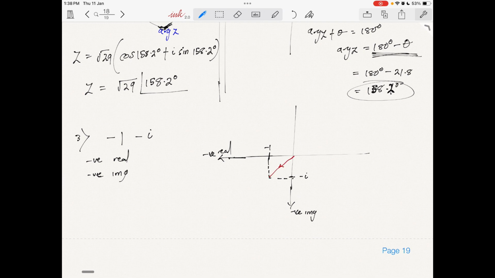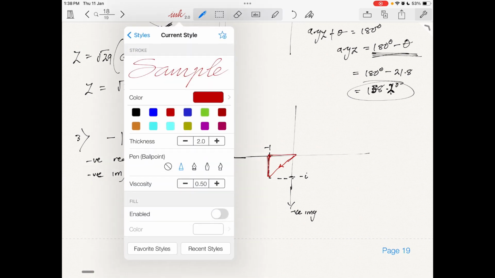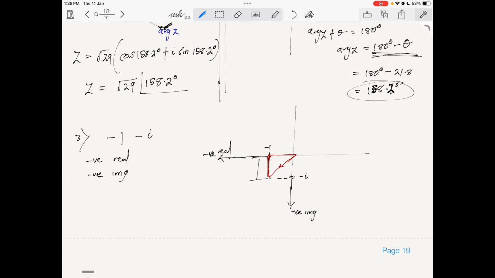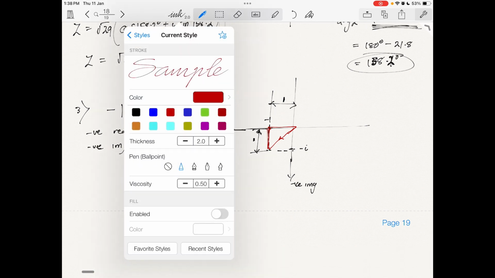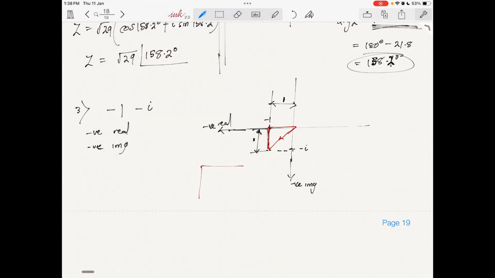The triangle it gives can be split out, and we know that the distance from here to here is 1 and the distance from here to here is also 1, not minus 1 please. So bringing out the right angled triangle, this is 1, this is 1, and this is theta.